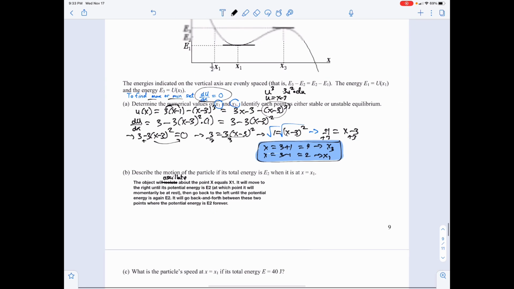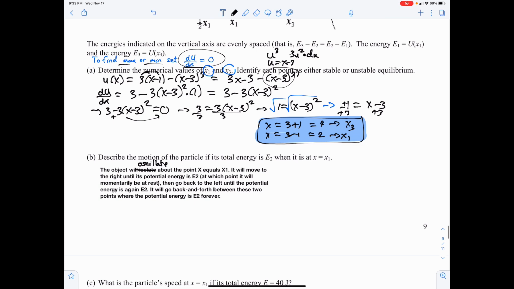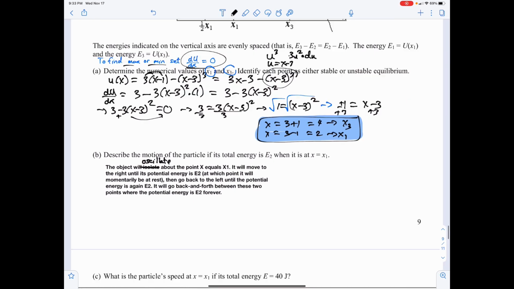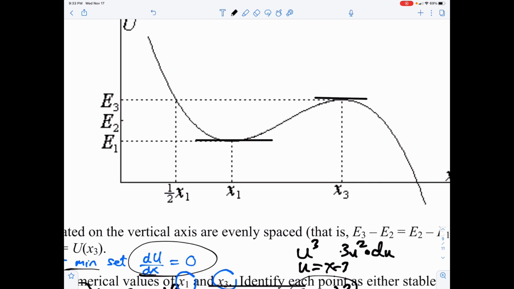So the particle is going to move back and forth about this value of x1. If we go to the graph, look at the bowl. It's a minimum. If you think about it, if you had a marble and you rolled it, it would oscillate back and forth in this thing.